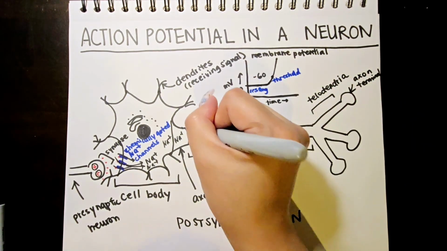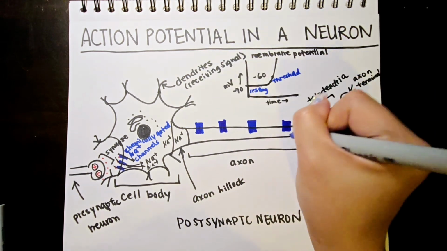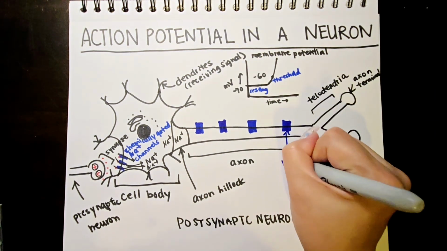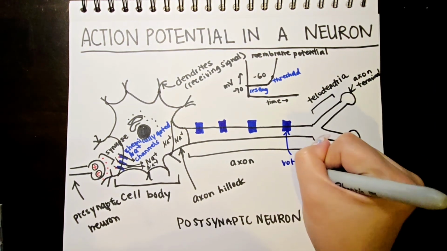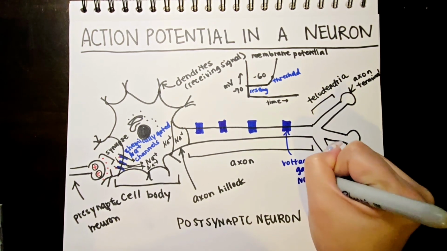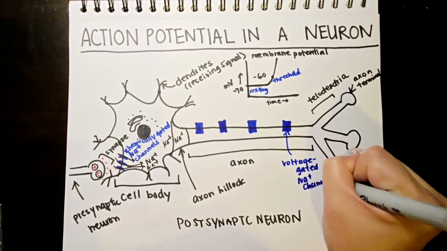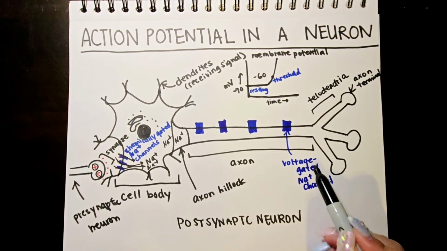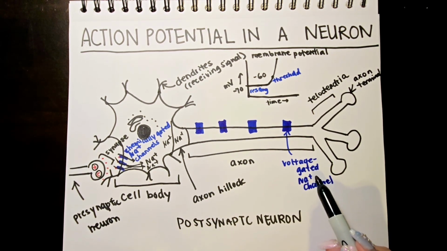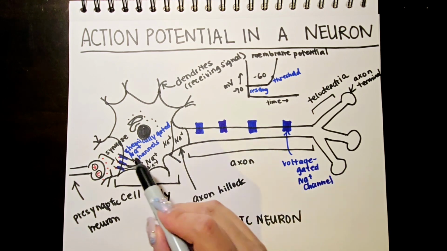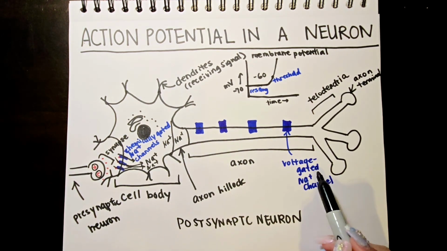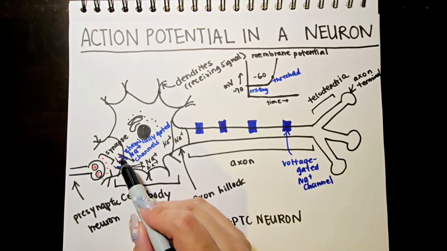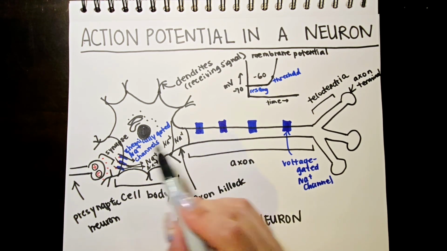These are what we call your, I'm going to draw it right here, voltage gated sodium ion channel. Remember, it is voltage gated. Very important, because it is very different between chemically gated and voltage gated. Chemically gated means that the channel will only open when it binds to a particular chemical, such as your neurotransmitter.